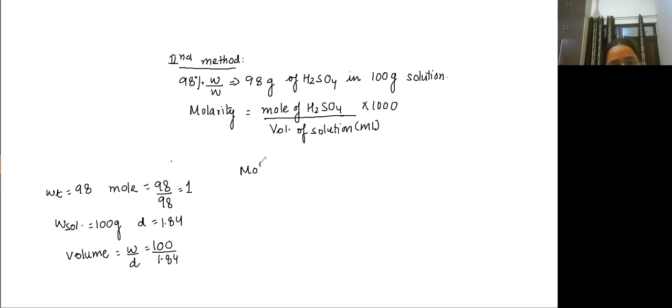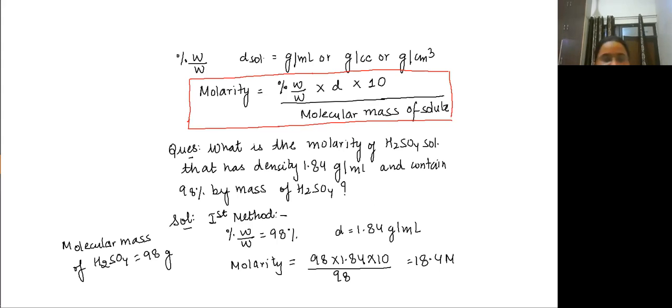So molarity is equal to moles of H2SO4, 1, divided by volume 100 by 1.84, into 1000. So what is the answer that you will get? Molarity is 18.4.